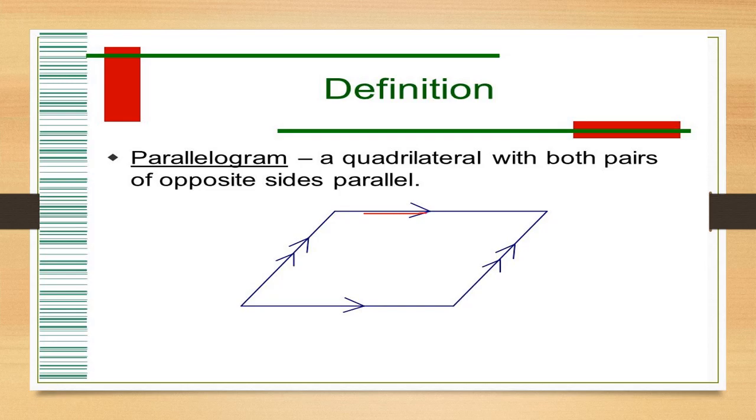These two sides are a pair of opposite sides, both pairs of opposite sides are parallel. Quadrilateral means a diagram with 4 line segments. So in that, both pairs of opposite sides are parallel, in the sense we can call it a parallelogram, right? Yes. Next.